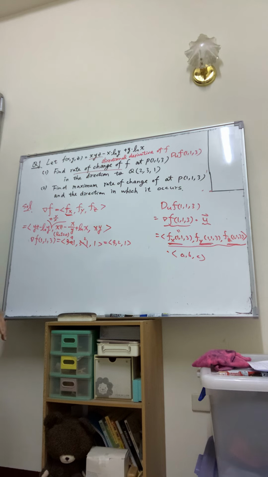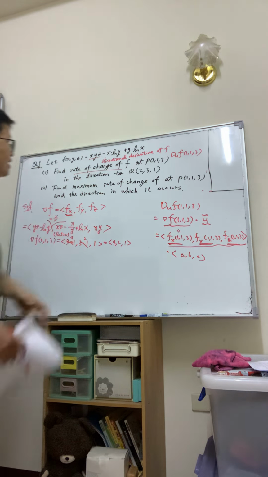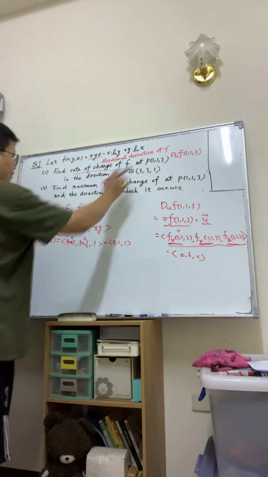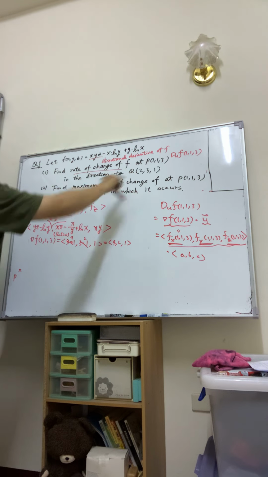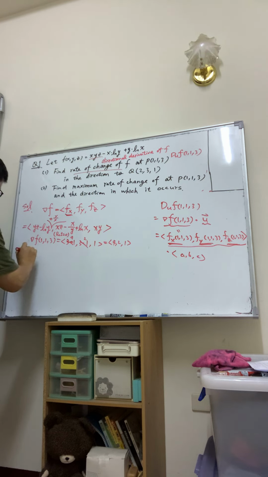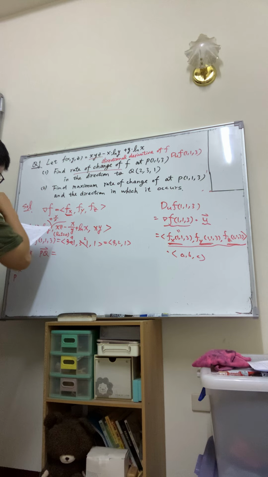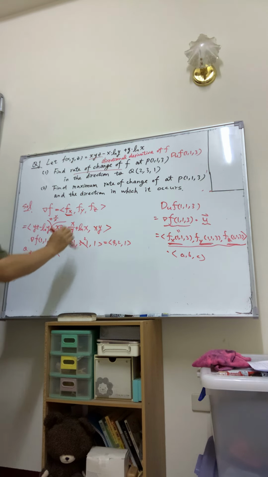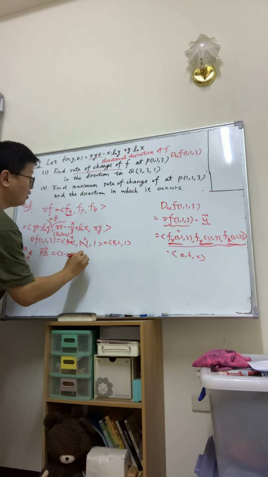Now we should decide the direction u, but it should be a unit vector. The direction is that we have the point P, and from the point P to the point Q. So the direction is PQ arrow, which is the point Q subtract the point P. So it's 2 subtract 1, 3 subtract 1, 1 subtract 3.